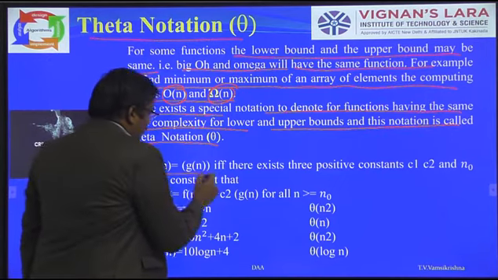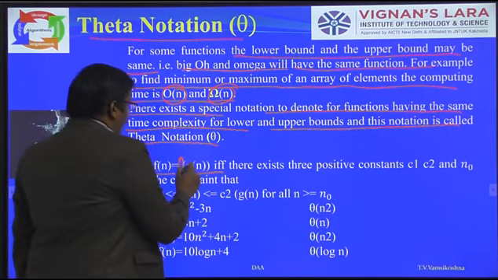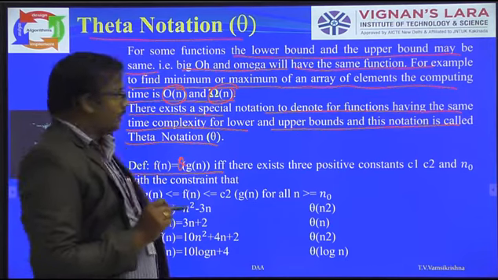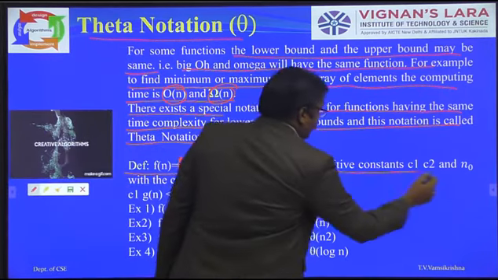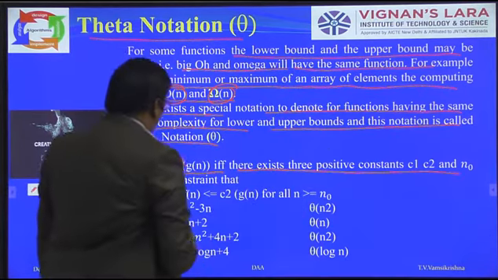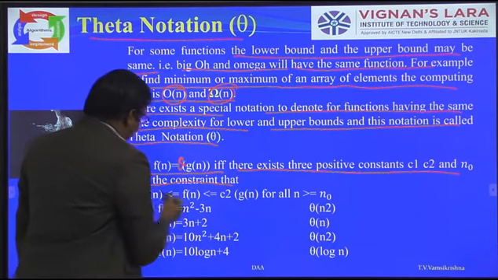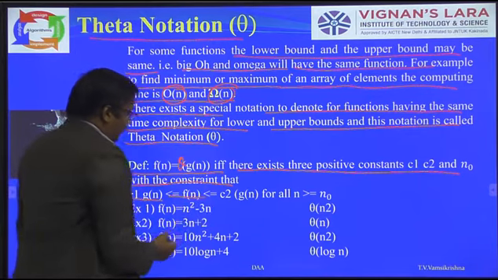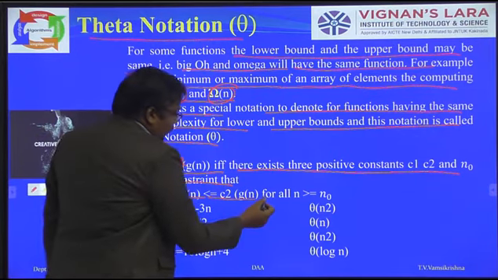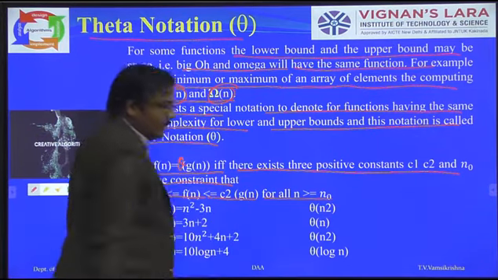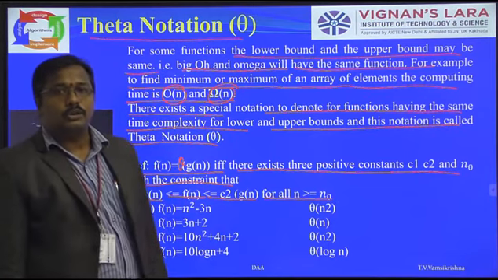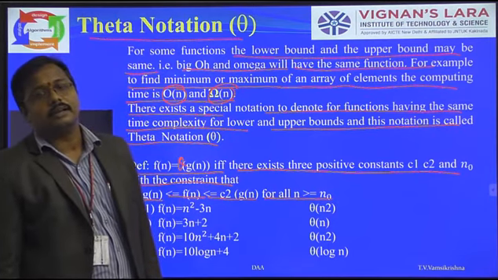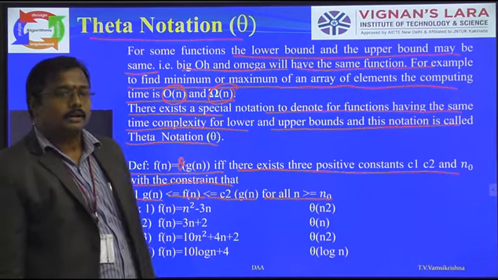So f of n is equal to theta of g of n, if there exist positive constants C1, C2 and n0 such that C1 into g of n is less than or equal to f of n, which is less than or equal to C2 into g of n, for all n greater than or equal to n0.